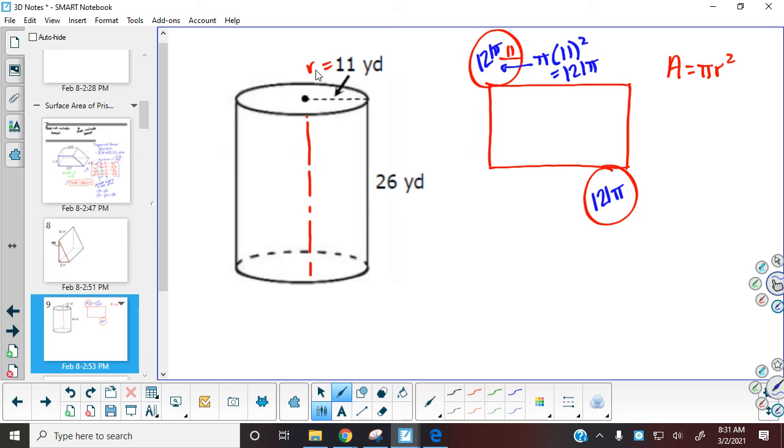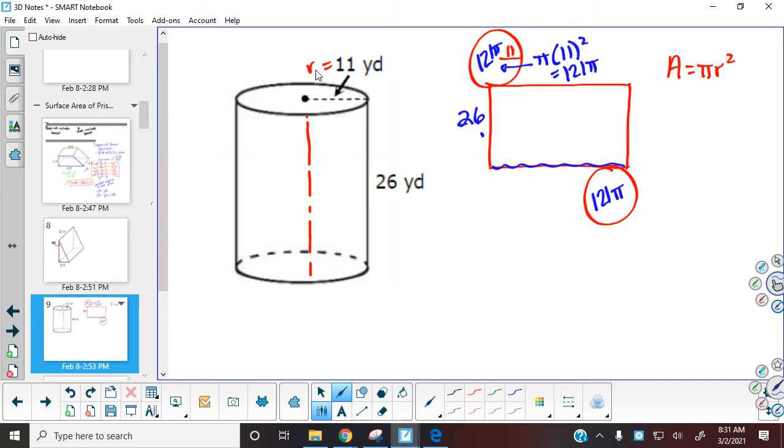Now, the one that's a little bit harder is the rectangle. So again, if you think about laying this flat, this 26 carries over, this is the height of that rectangle, or from base to base. Now the part that is challenging for most people is, okay, but what is this length?